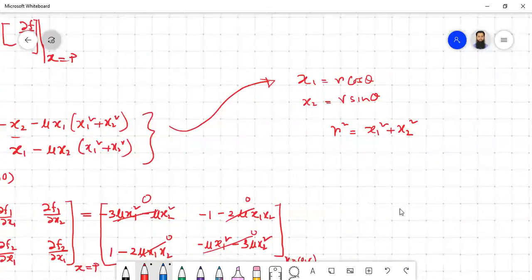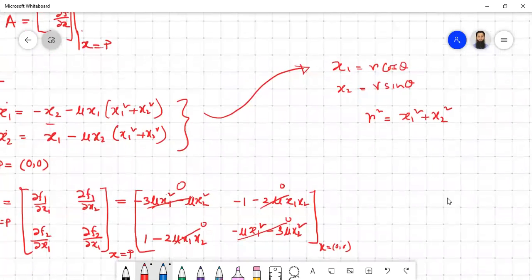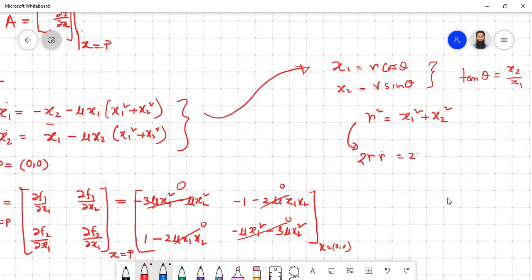And also you can find out the angle. So tan theta is basically x2 by x1. Now differentiate this one first. What we have is basically 2r r dot equal to 2 x1 x1 dot plus 2 x2 x2 dot.